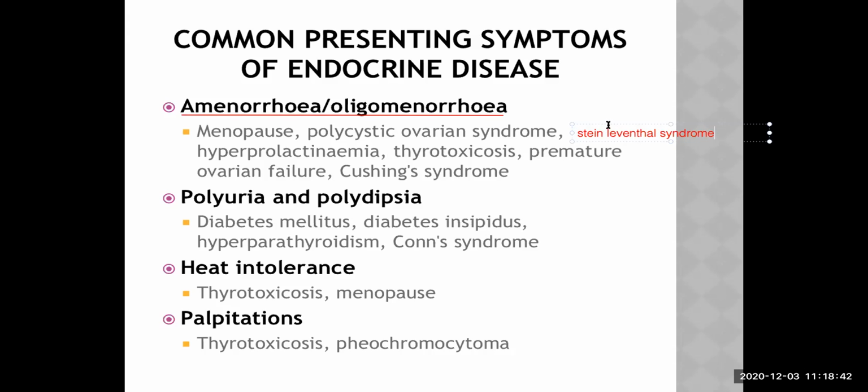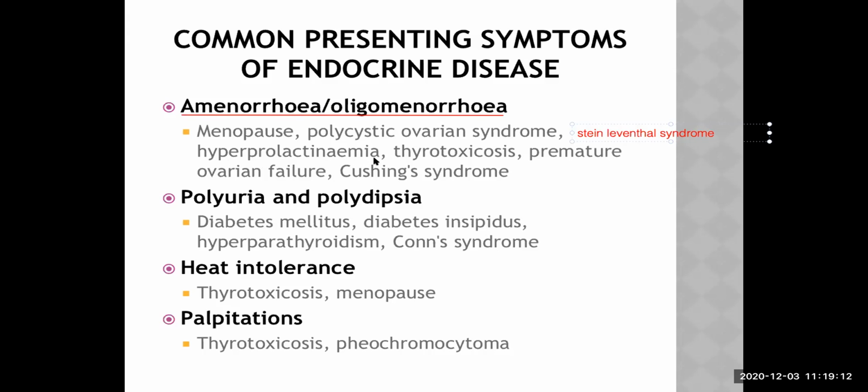Some females develop this condition where there are multiple cysts inside the ovary, and androgen hormone is released in excessive amounts. Because of the effect of the androgen hormone, there are multiple signs and symptoms. One is amenorrhea or oligomenorrhea, another is hirsutism, and another, they look very obese or overweight.